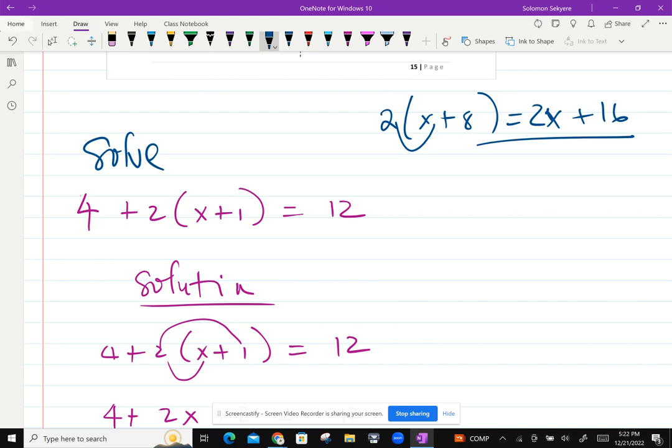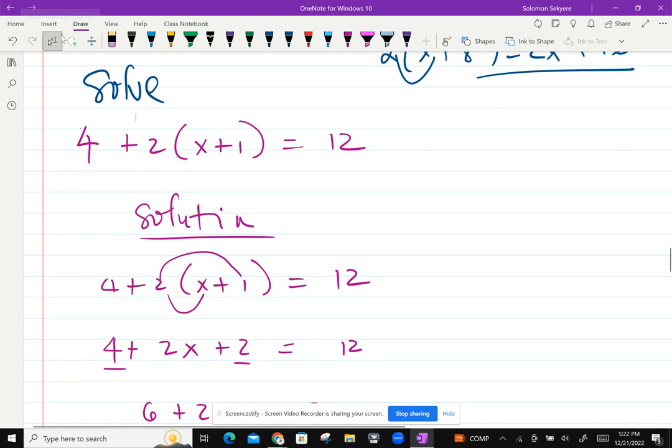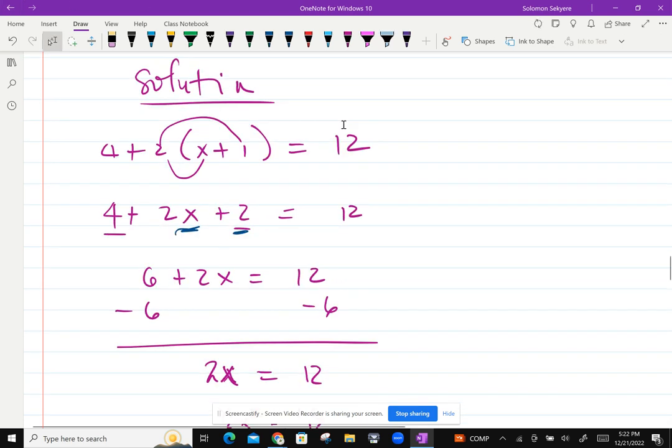What does that mean? Okay, so 4, and then I'm going to distribute the 2 through the parentheses. 2 times the x is 2x. 2 times the 1 is 2. After that, on the left side, I want to combine like terms. So the 4 and the 2.